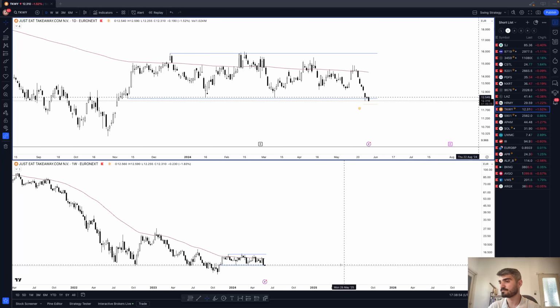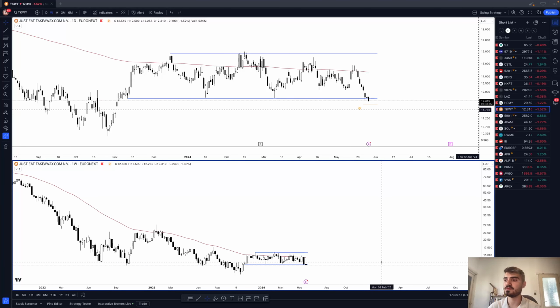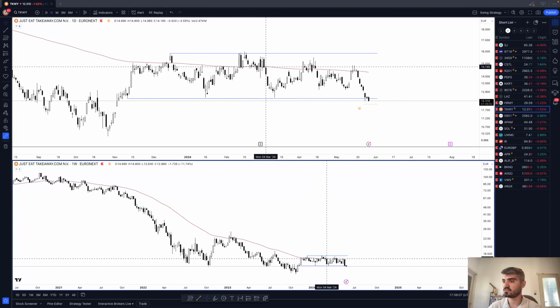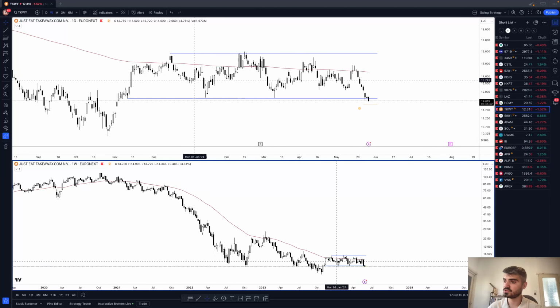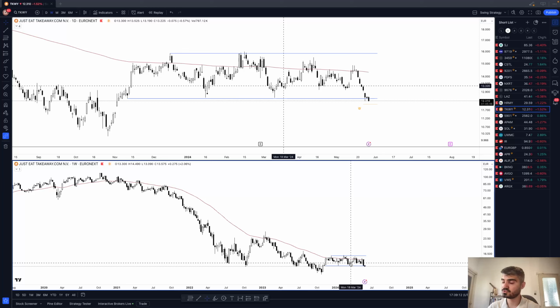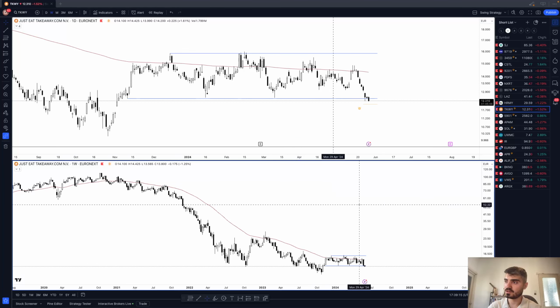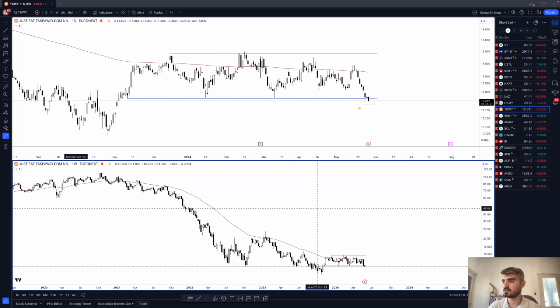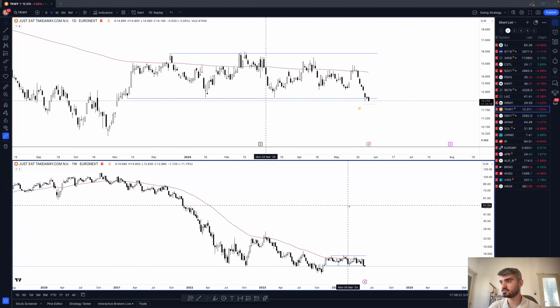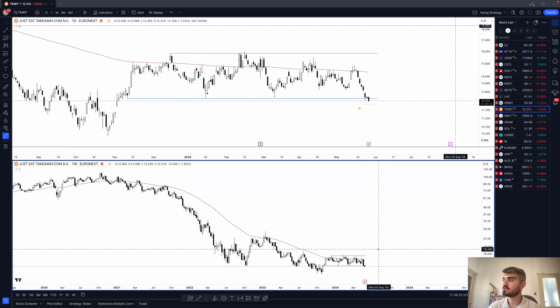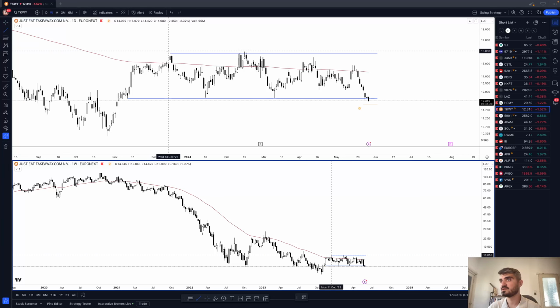I would prefer a rectangle to be formed as a continuation pattern, or if we're talking a rectangle to the downside, at all-time highs, as some kind of distribution reversal pattern, or continuation of a downtrend. So like a downtrend, consolidation, another downtrend. But once again, this is biased.